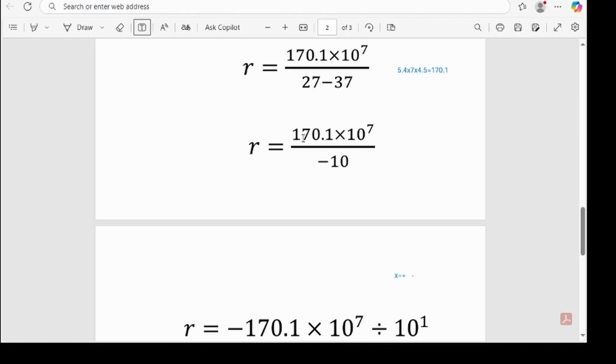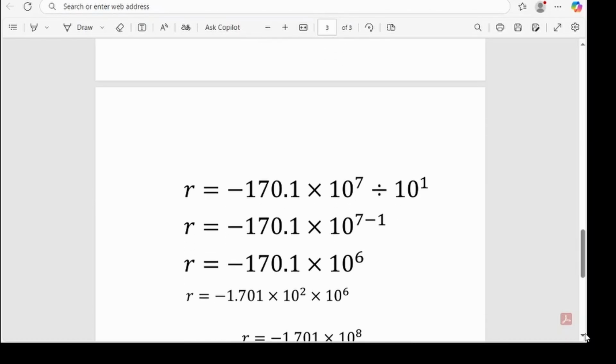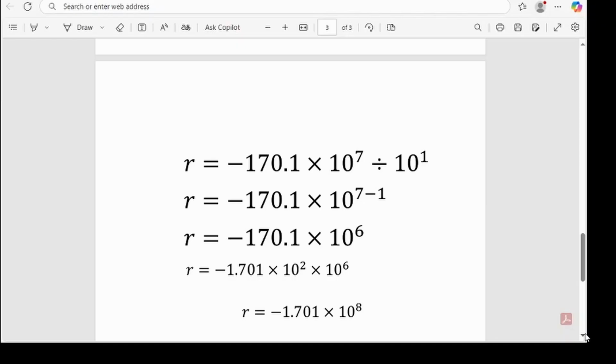So we are going to get R equals negative 170.1 times 10 exponent 7 divided by 10 exponent 1, right?